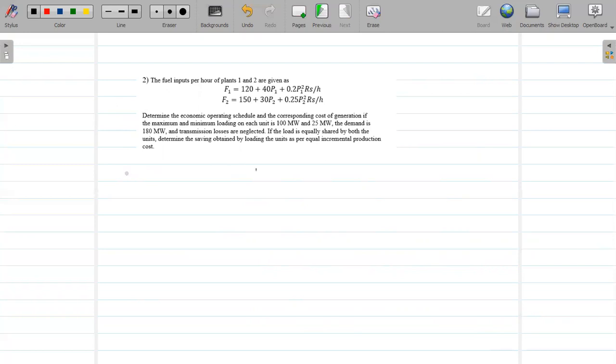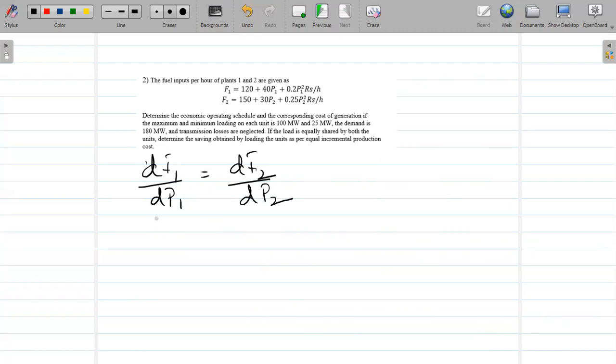So what is the economic operating schedule? Here two plants are given and losses are neglected. Therefore, dF1 by dP1, that is the incremental fuel cost of plant 1, should be equal to the incremental fuel cost of plant 2.